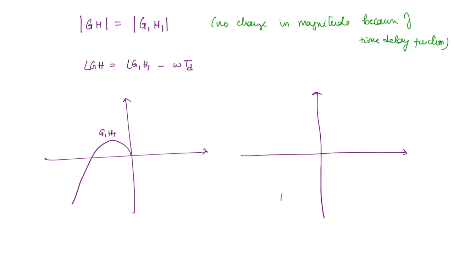So the initial phase will be the same, but as frequency increases, the amount of phase shift will keep increasing. Okay, and finally it is going to be something like this. It is going to spiral multiple times before finally becoming 0. So this is the plot of G1H1 times e to the power minus j omega t d.